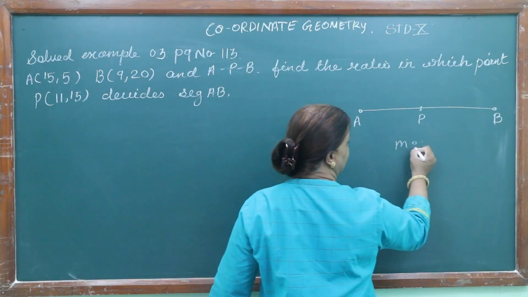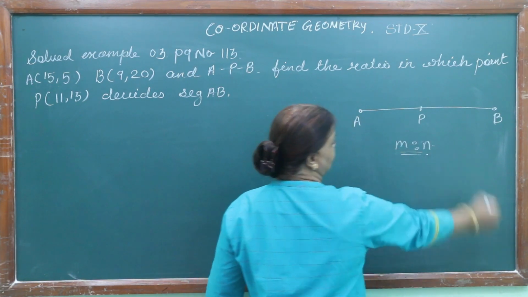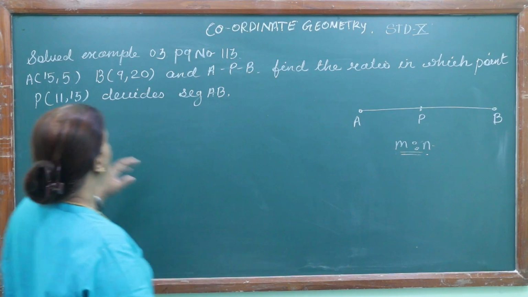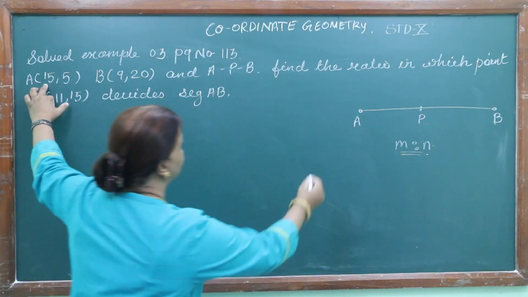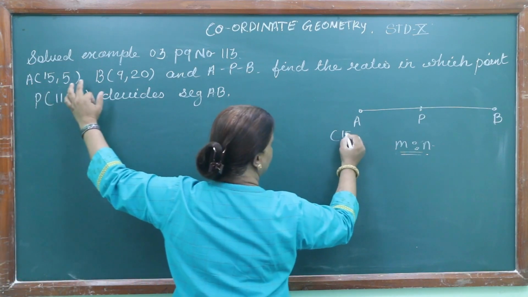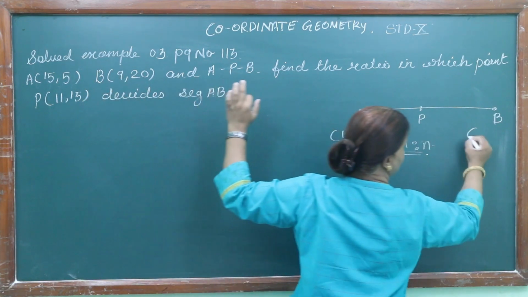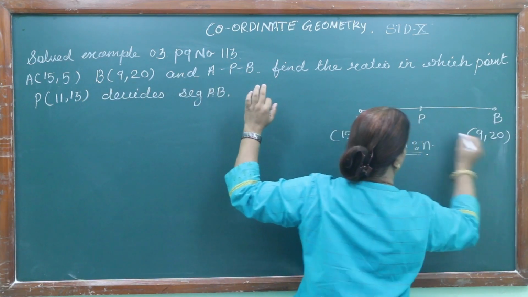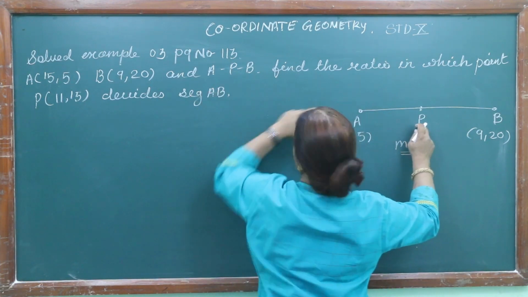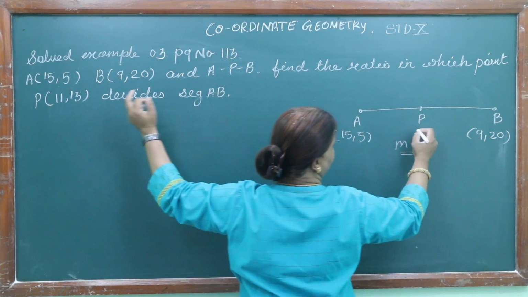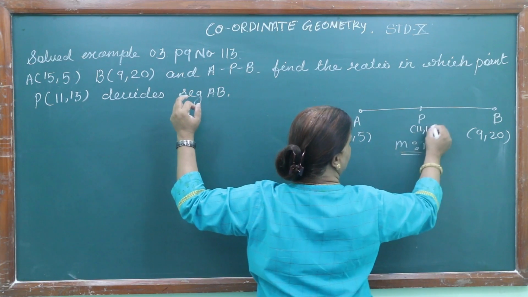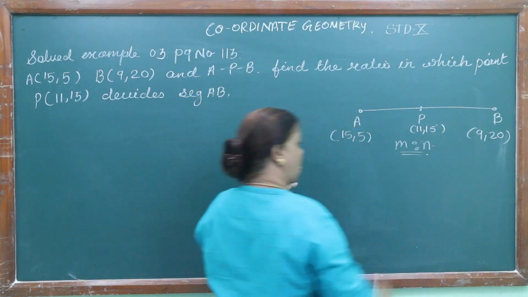M is to N. We need to find out this ratio. Okay, children, let us write down the coordinate here. A is having the coordinate 15 and 5. B is having 9, 20, and P is also given 11, 15, and we need to find out the ratio.